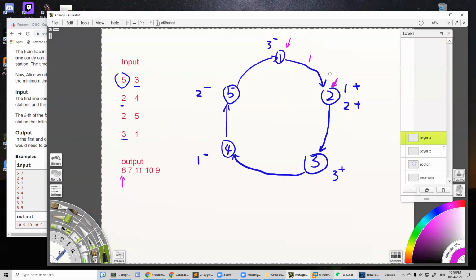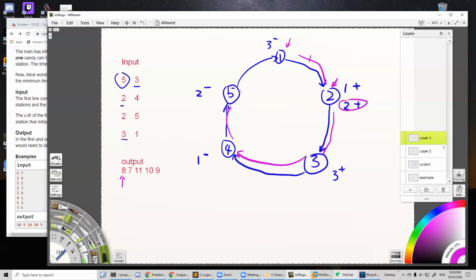It moves to the second station first, and the time cost here is 1. At the second station, it picks up, let's say, candy number 2, and moves along to the next station. Time cost now is 2. To the next station, time cost now is 3. To the next station, time cost now is 4.